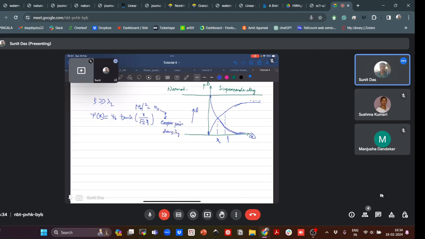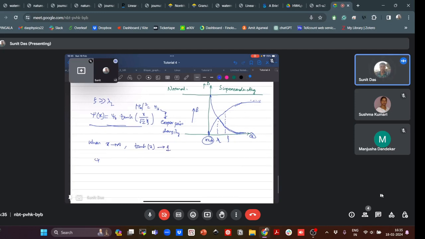Okay. And let us see why this makes sense. Let's say we have a junction at x equal to 0, right? There is a junction at x equal to 0. So when x goes to infinity, tanh x, this is a general formula we can easily check, goes to 1.